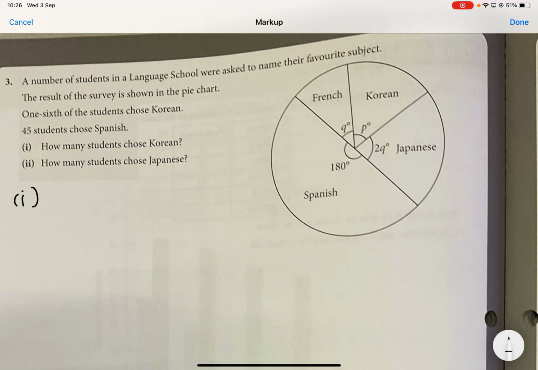So can we find out what degree chose Korean? 360 degrees is all the students. So 1/6 of the students will be 60 degrees representing Korean.